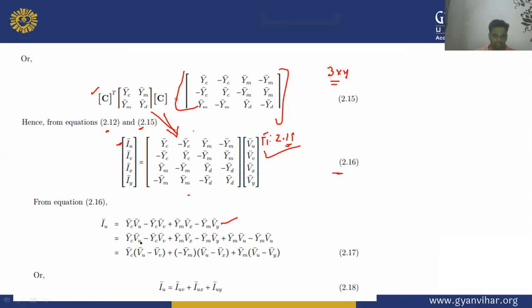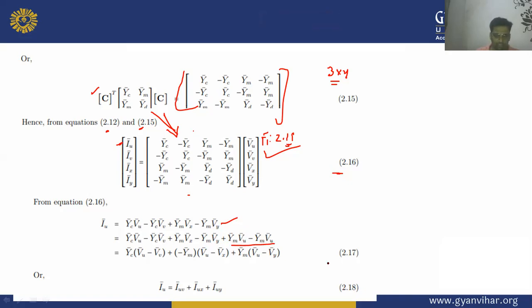Now what we have done, we have just substituted these extra terms, that is YM VX minus YM VY and plus YM VU minus YM VU. We have written these two terms extra, plus minus. We have added one and we have subtracted one in this equation.